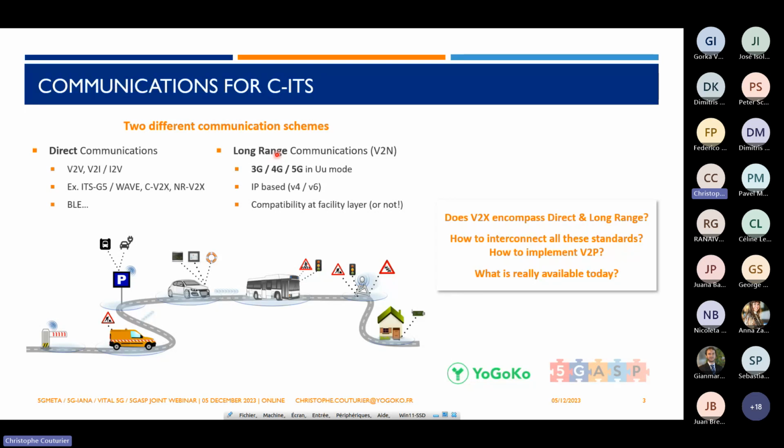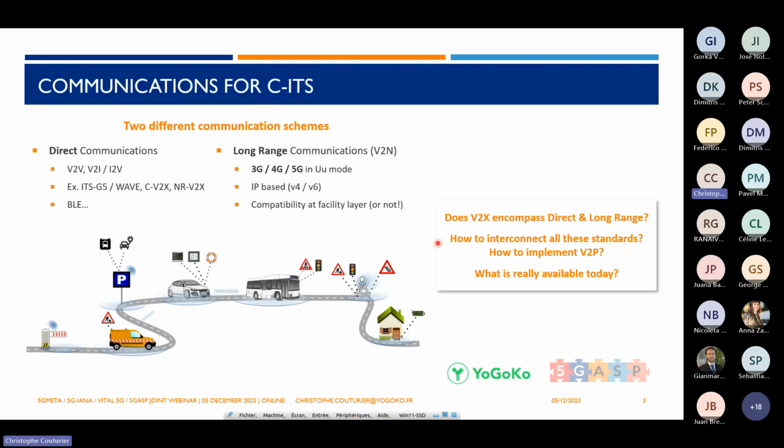Or for some speakers, V2X is limited to direct communication, and in this case, we oppose V2X to V2L. In the wording of 5GAS, for instance, V2X encompasses all of that. But I think it's important to clarify that.